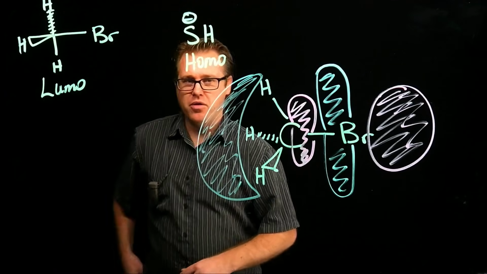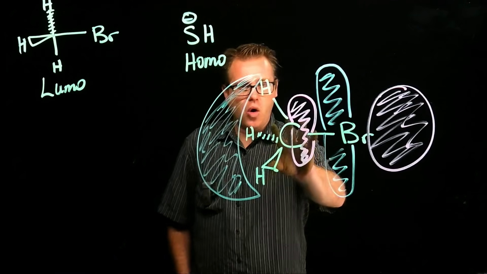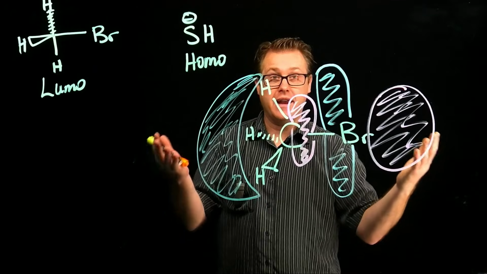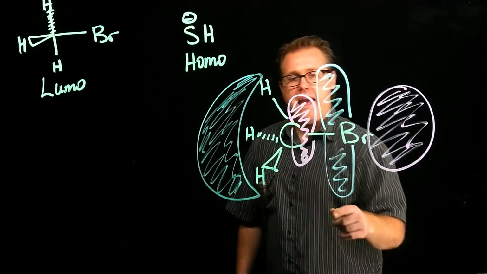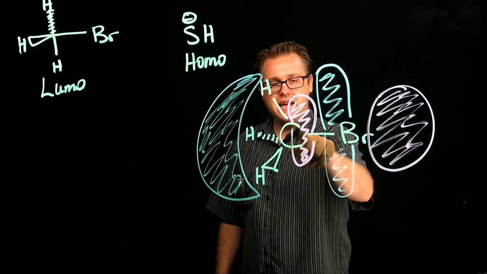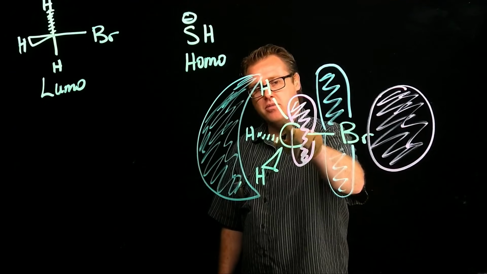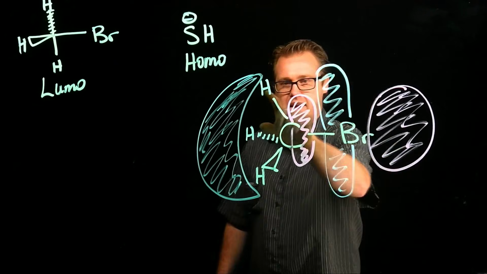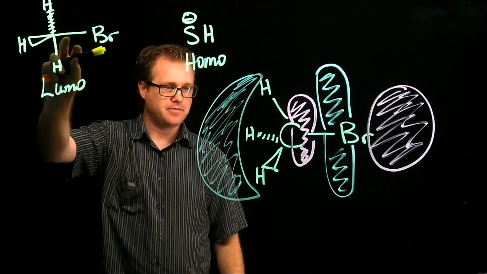Well, in MO theory, we realized that the whole molecule is a molecular orbital. And you see in green here, we have our methyl bromide. Here's our carbon, there's our bromine. So this in green matches this.